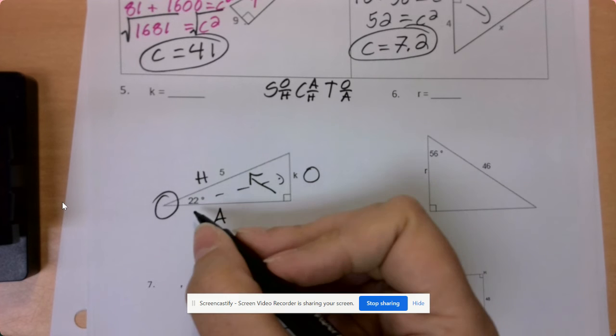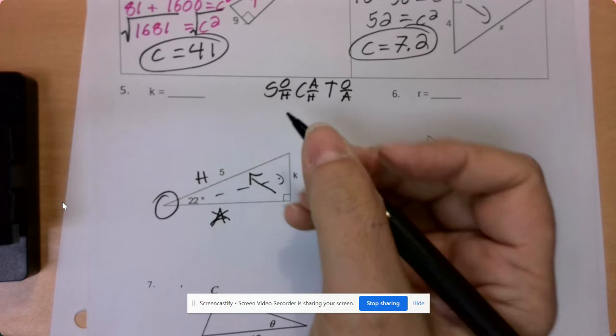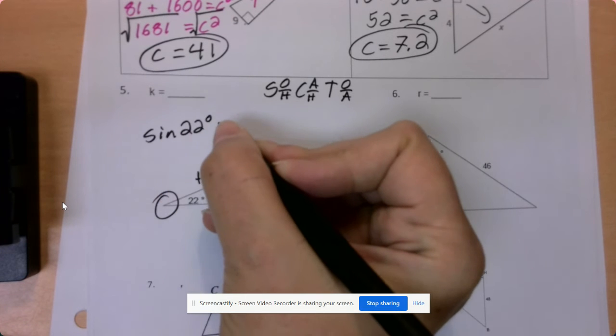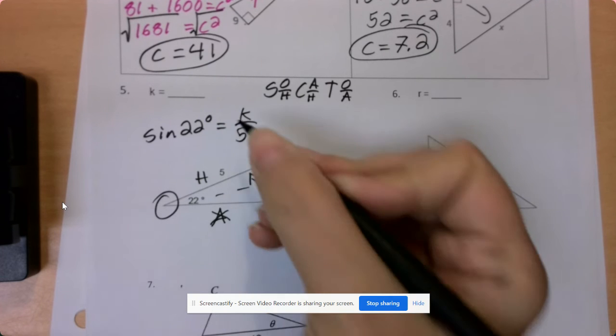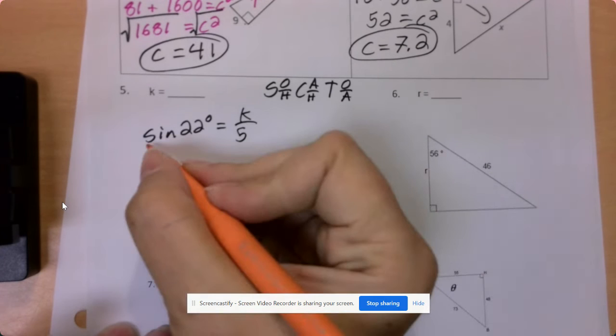Okay, so we're going to go ahead. There's nothing here for adjacent, so I'm going to use sine. It's going to be equal to k over 5. We're going to cross multiply and divide with this, everybody.